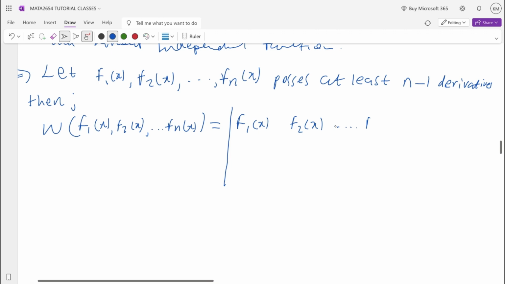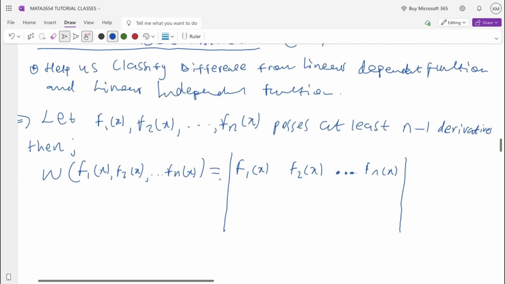So just put them there, then fn of x, like that. We put them like that on the first row.